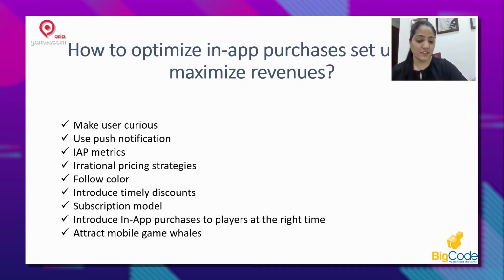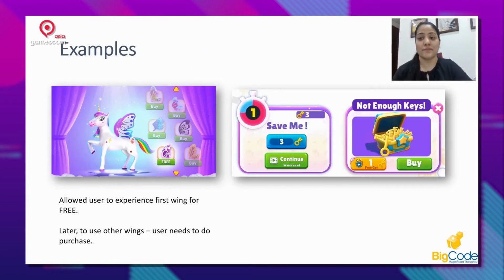I'll take you through, in detail, how to make users curious. You have to give users a free trial for any product or feature you have in the game. Make sure that you at least give users a chance to try it for free.